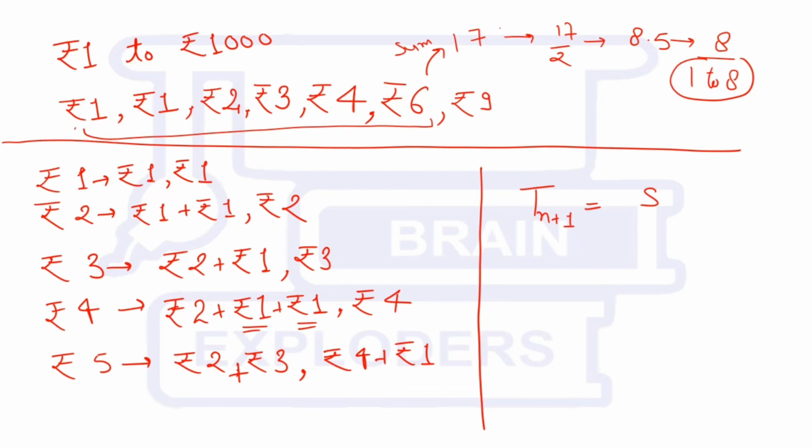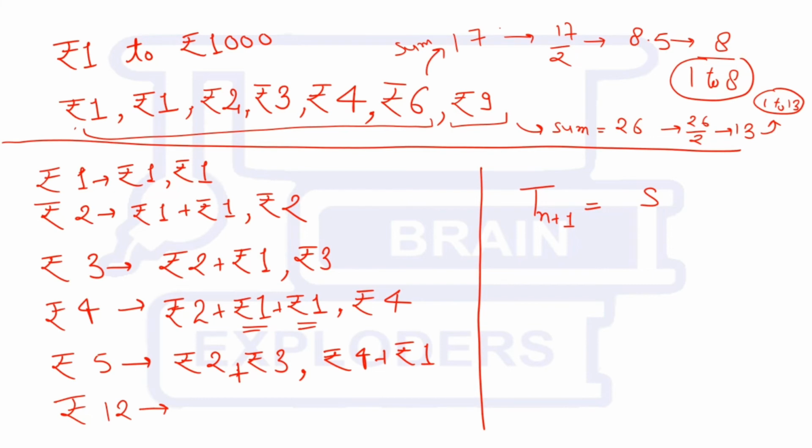In any other combination also you can see it. Now here 9 is added, so the new sum is 26, that is 17 plus 9. Now if we take half of 26, that is 26 by 2, which is equal to 13. So we are able to pay all the values from 1 to 13 twice. You can check it. Suppose you have to pay rupee 12.